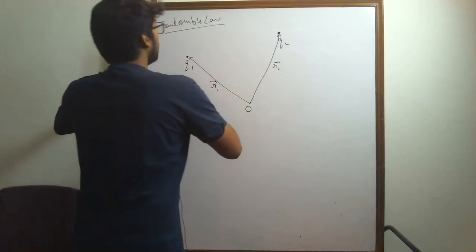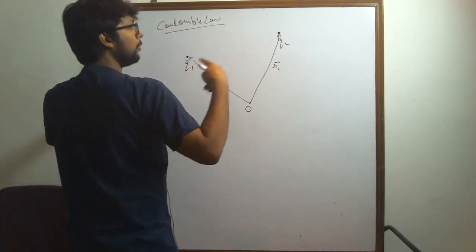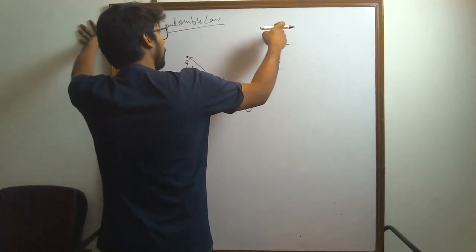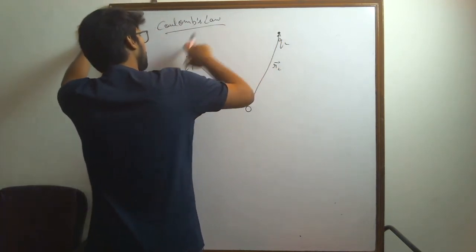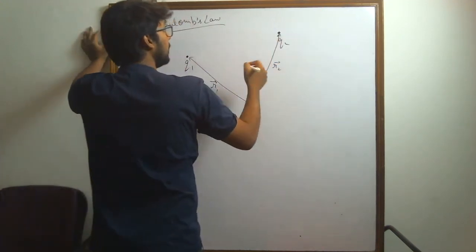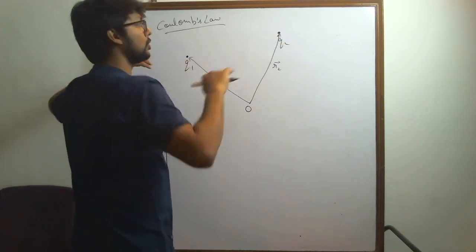Now, between these two, if I am trying to find the force on Q2 by Q1, the force direction will be this way because they will repel each other.